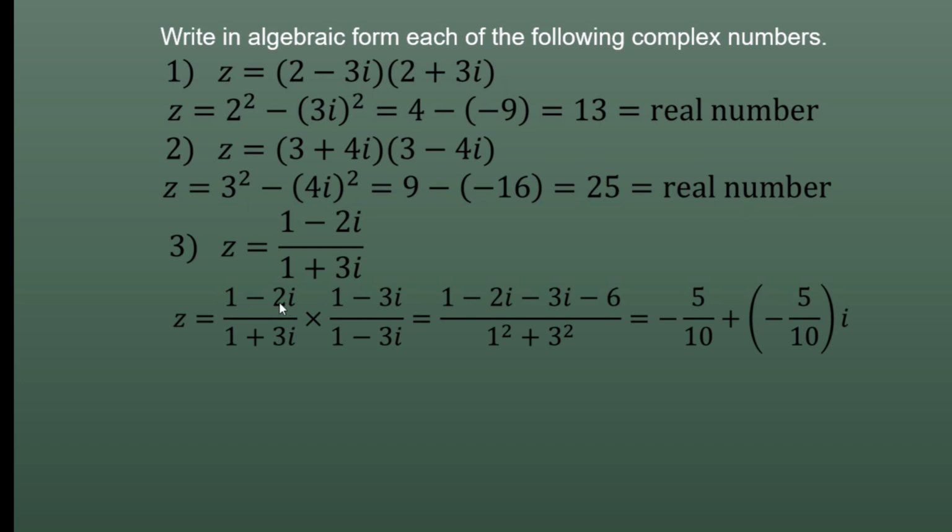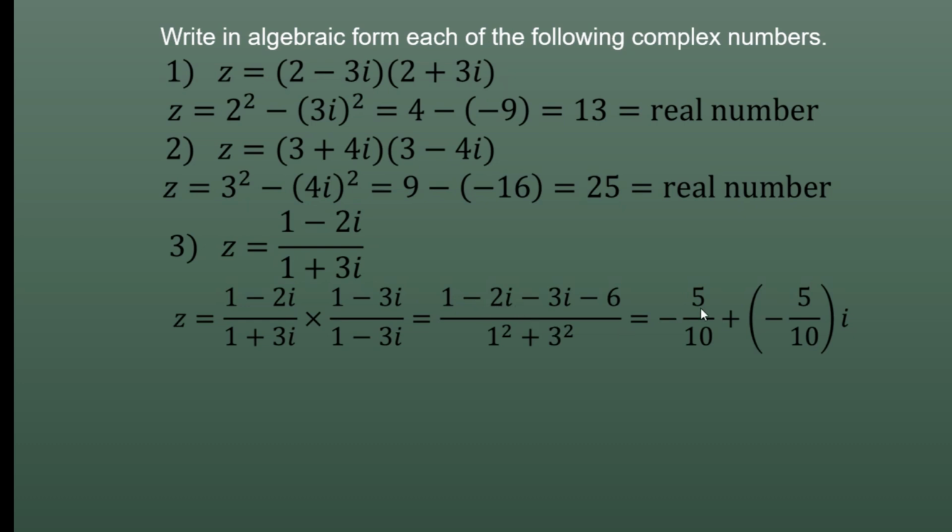Why minus 6? Minus 2i times minus 3i is plus 6i squared, but i squared equals minus 1, so minus 6. And 1 plus 3i into 1 minus 3i is equal to 1 squared plus 3 squared equals 10.